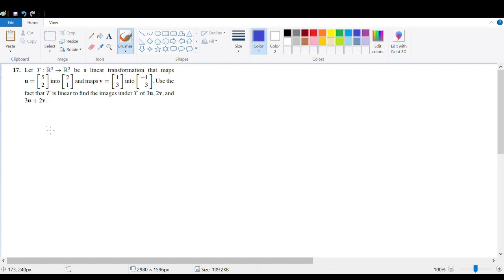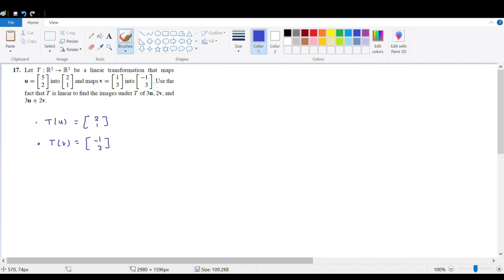So we are given that T u is equal to (2, 1). Also, we are given that T v is equal to (-1, 3), because this is the mapping of (5, 2) and the result will be (2, 1). The mapping of (1, 3), the result will be (-1, 3).